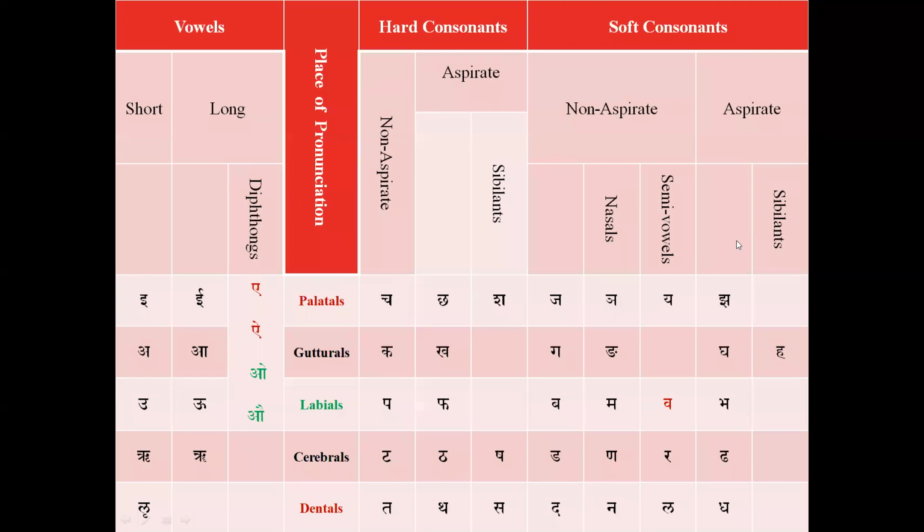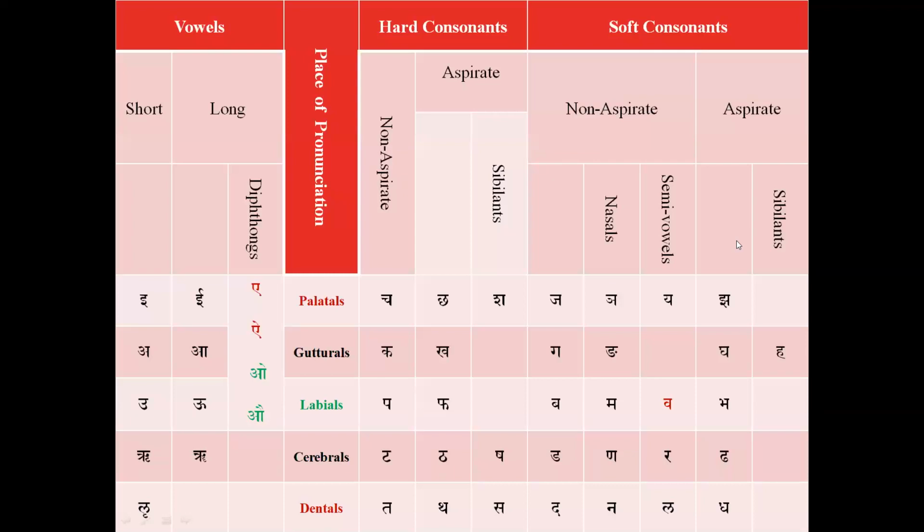Pa, pa, ba, ba. You have to say it properly. Not pa, ba, ba, ma. It's wrong. Pa, pa, ba, ba, ma. If Ucharanam is not there, then it is not Saṃskṛtam. Ba. So ba, where is ba?